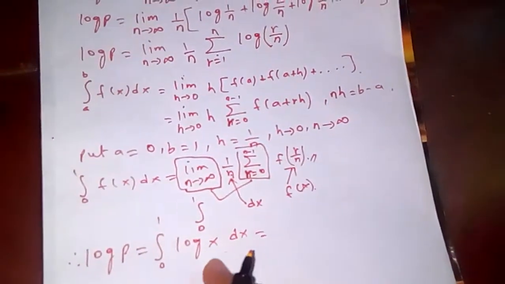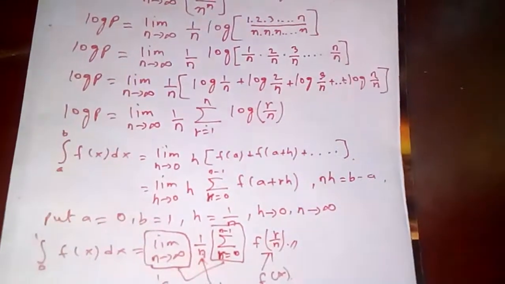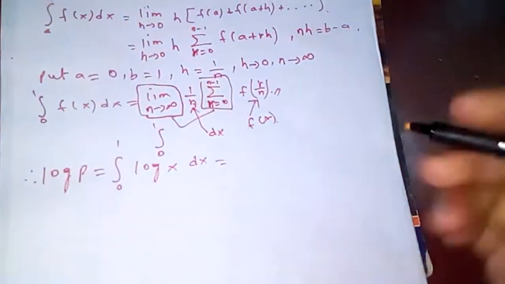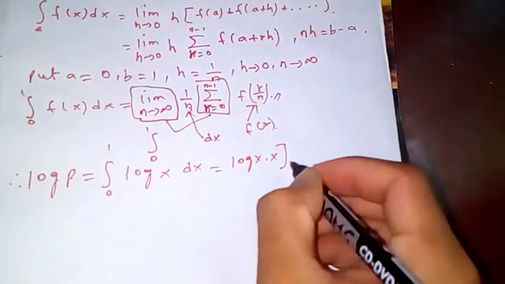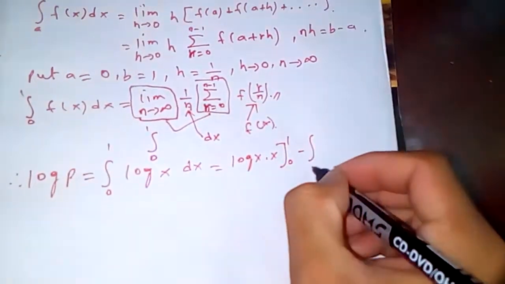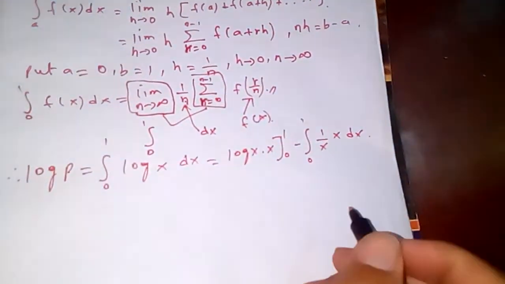So if you simplify, now if you integrate this using what, integration by parts, log x into x integral from 0 to 1 minus integral from 0 to 1 of 1 over x into x dx.